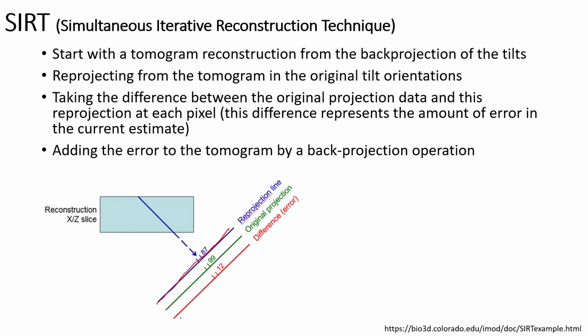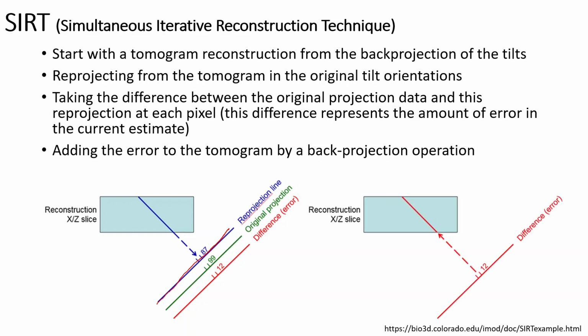If we take this error, where, for example, in this pixel we have a value of 99 in the original tilt image, and the projection only gives us 87, we take this difference as an error of the back projection. Now we correct for this in our reconstruction by back projecting the difference error to the original volume.